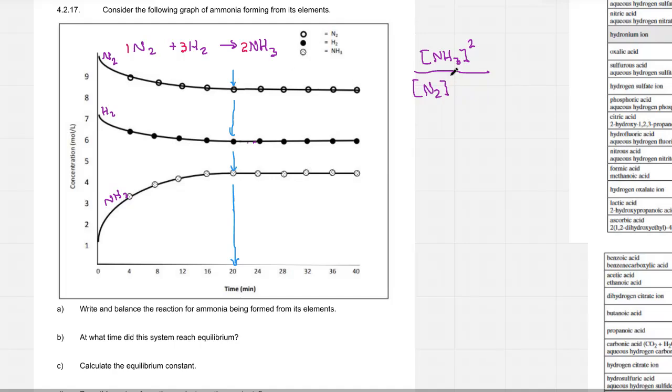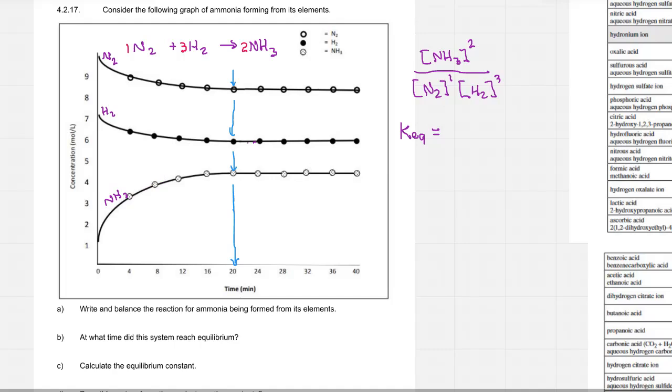Coefficient of 1, you can put a power of 1 on here if you want to. It's not mathematically necessary. And our other reactant is hydrogen. And coefficient of 3 means power of 3 here. So that's our reaction ratio, and if we want to find KEQ, we need some equilibrium numbers to put into this.